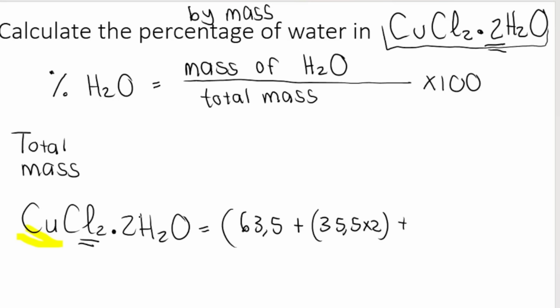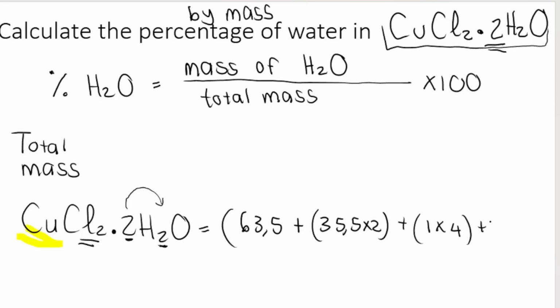So for hydrogen over here, we've got 2 times 2. This 2 represents 2 water molecules, so it covers both the hydrogen and the oxygen. So 2 times 2, we have 4 hydrogens and we have 2 oxygens. The atomic mass for hydrogen is 1, and as I said, we have 4 hydrogens.